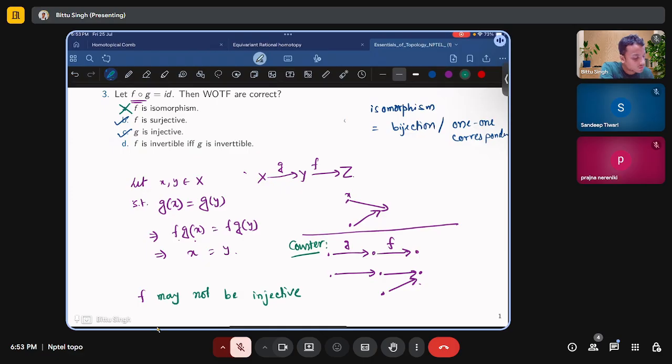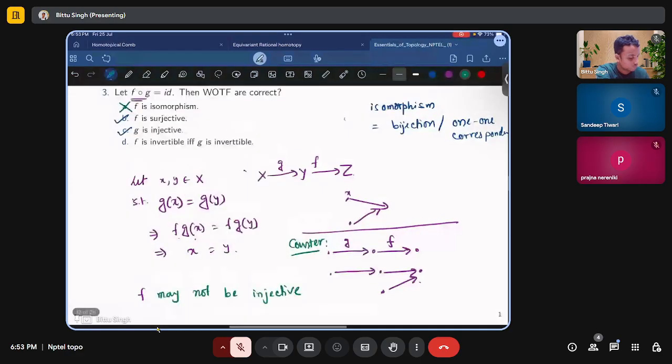Now the last one says that if F is invertible, G is also invertible. Is it true? Given F is invertible, F inverse exists.